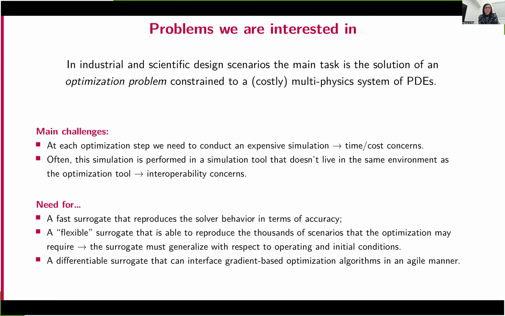So in machine learning terms, we want these surrogates to generalize with respect to operating conditions, boundary conditions, and initial conditions. And operating conditions include, for example, geometries. We also want differentiable surrogates, or at least we would very much like to obtain differentiable surrogates that can be used with gradient-based optimization algorithms in an agile manner.